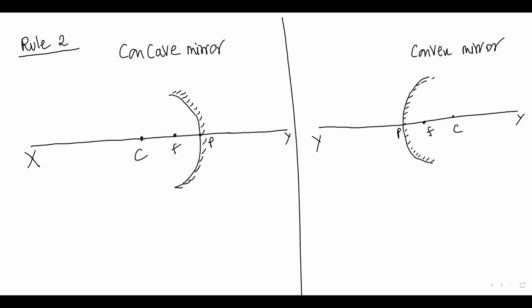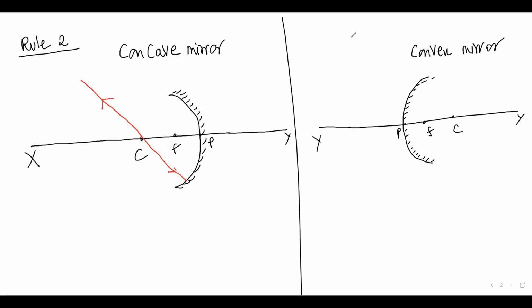Now, the second rule says that a ray passing through the center of curvature will reflect back in the same path.